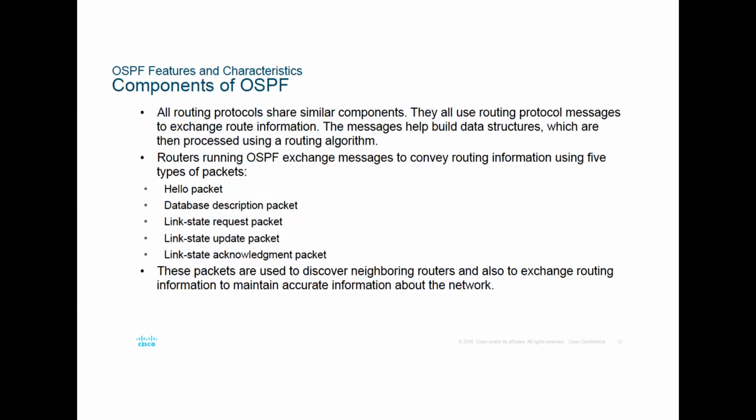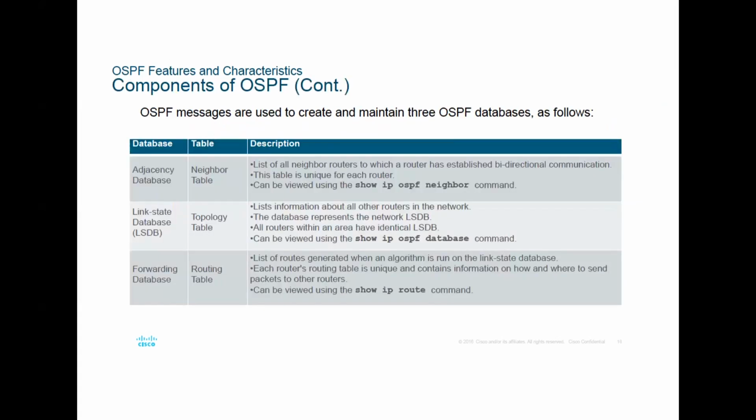Okay. So components of OSPF, we continue. OSPF messages are used to create and maintain three OSPF databases as follows. First, the adjacency database, which is the neighbor table. This is the list of all neighbor routers to which a router has established bidirectional communication, one-to-one, bidirectional.